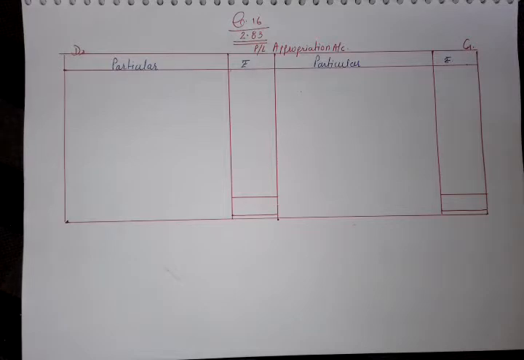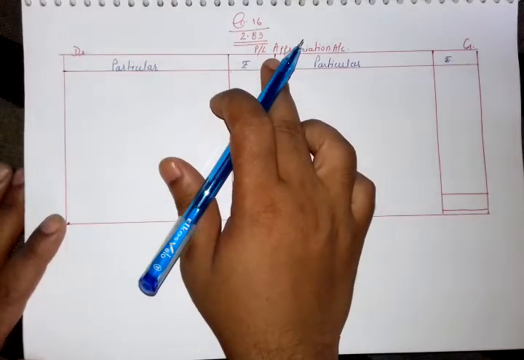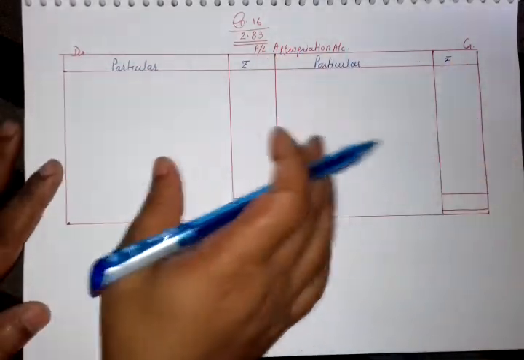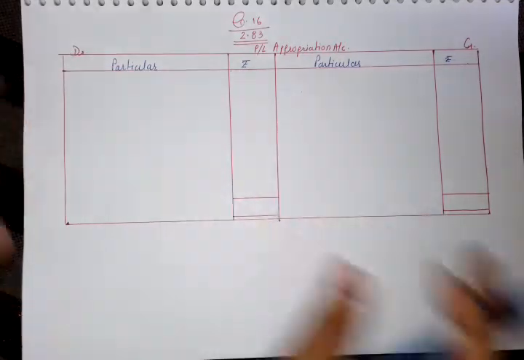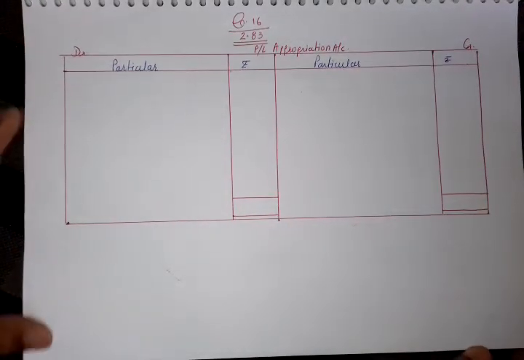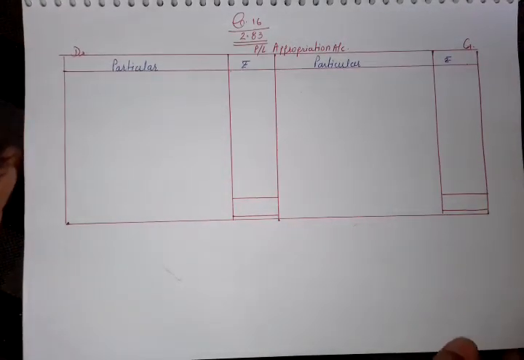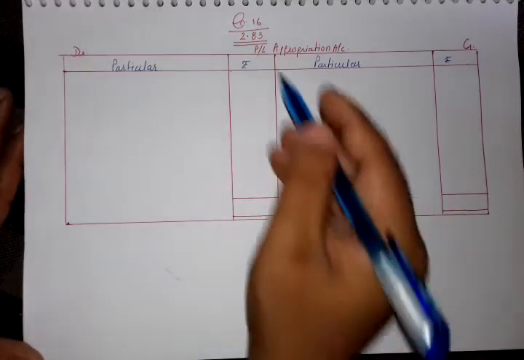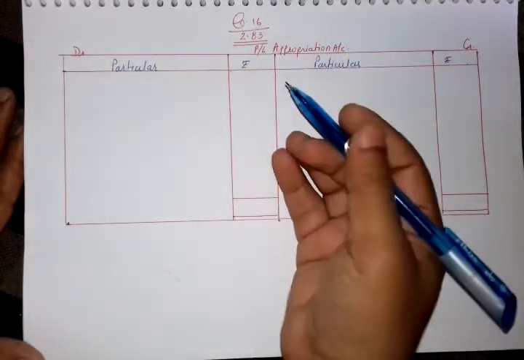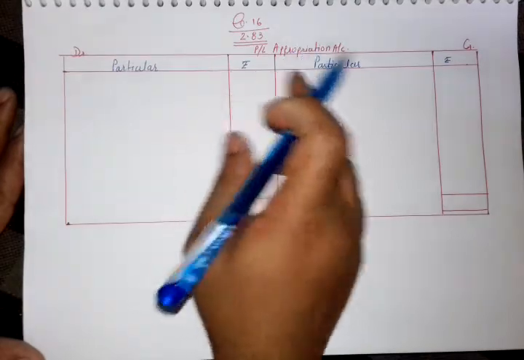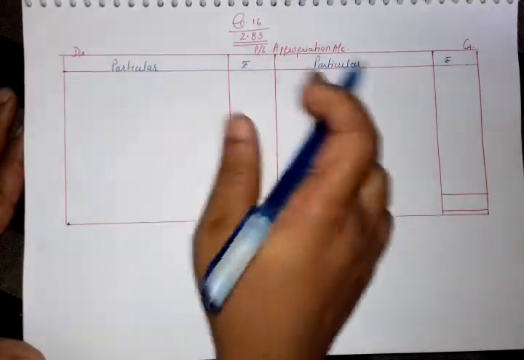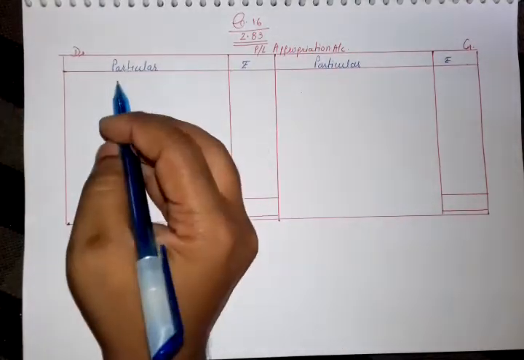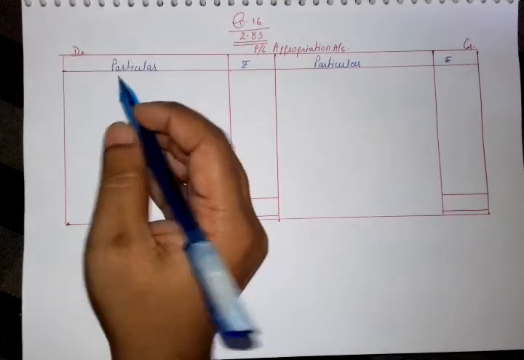For the solution of question number 16, we have to prepare the profit and loss account, and you know very well the format of the profit and loss account. If you did not watch my first video, please go back and watch the first part on profit and loss account. In that part you will definitely find how to prepare it. So here we are solving question number 16.